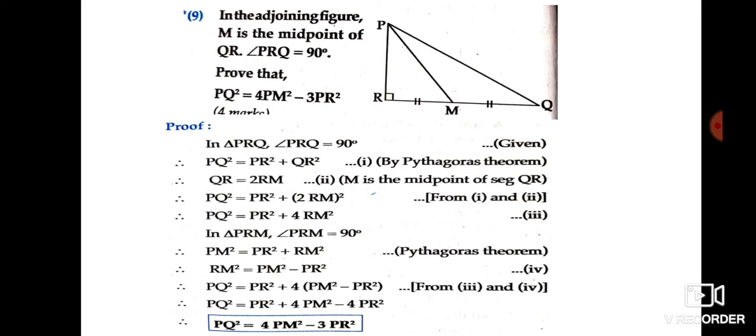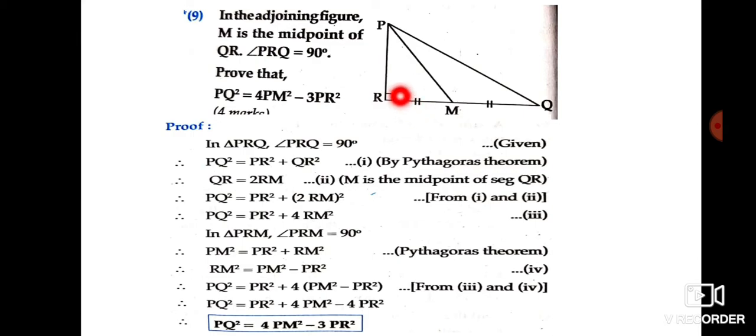Now we have to prove that PQ square is equal to 4 times PM square minus 3 times PR square. Whenever you have such type of sums, if you look at this, prove that, it may look very difficult and complicated. But you see in this figure, you can see there are two right angles.